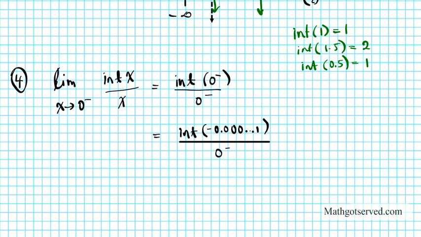Okay? Just to illustrate for you, if I draw my number line, this is 0, and this is 0 from the left. So if I round it up, it's going to go to 0. If I round it down, it's going to go to -1. So this numerator here is going to be rounded up to 0. So int of this is going to be 0, strictly 0. That's what the int function does.